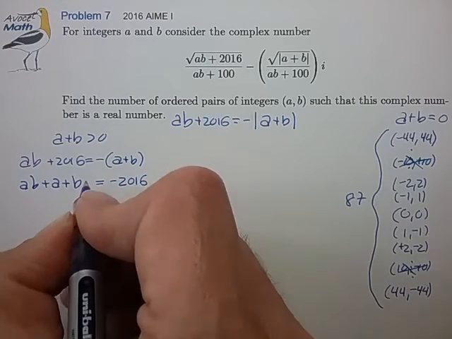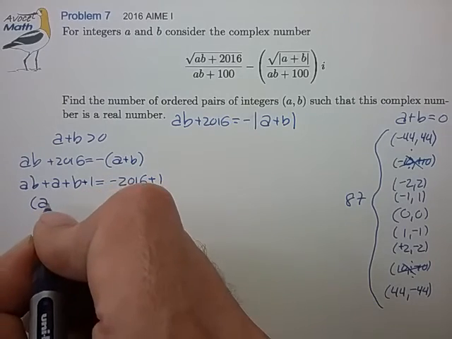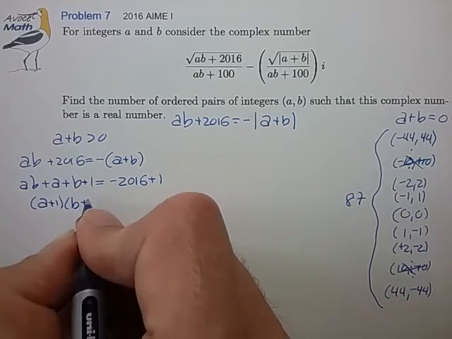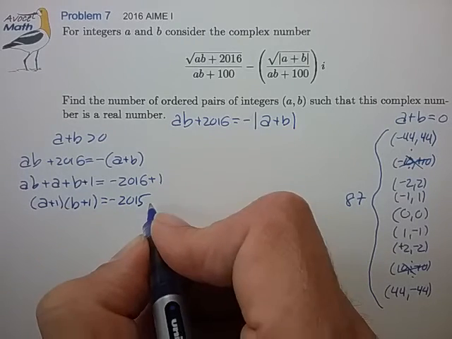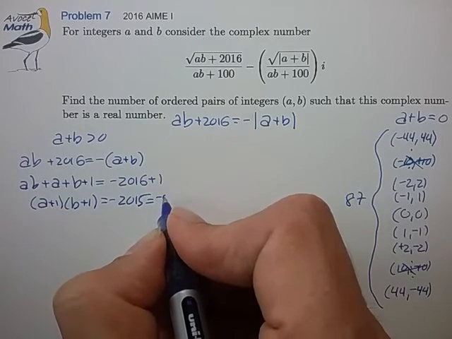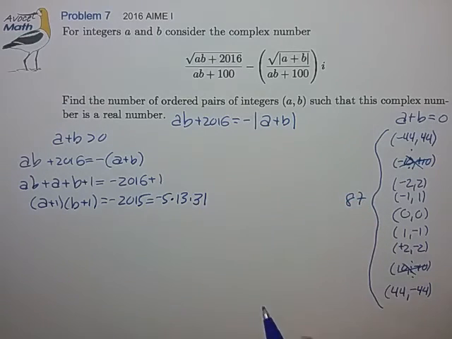So add 1 to both sides, factor the left side, minus 2015. Hopefully we remember that that's minus 5 times 13 times 31.